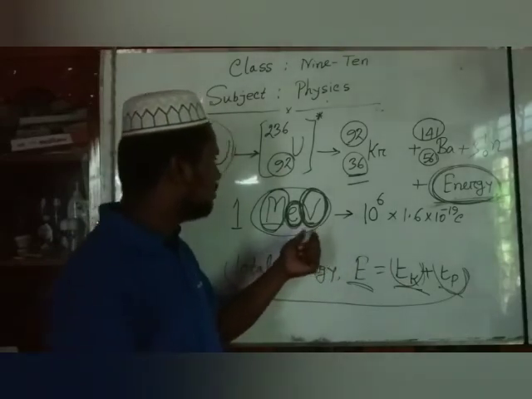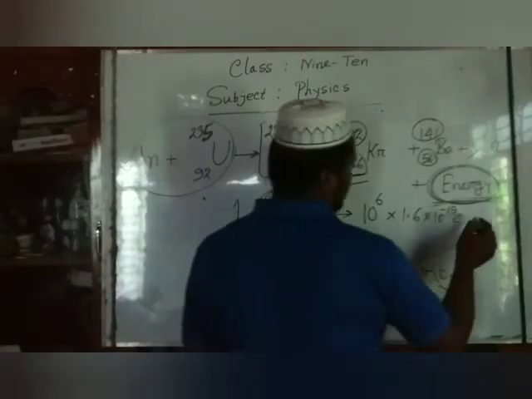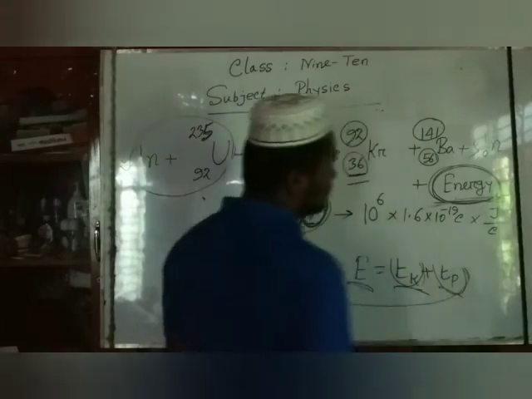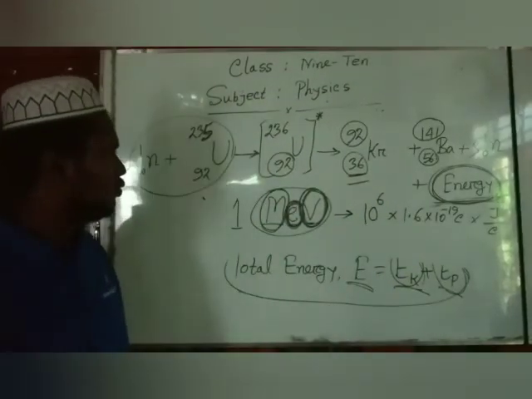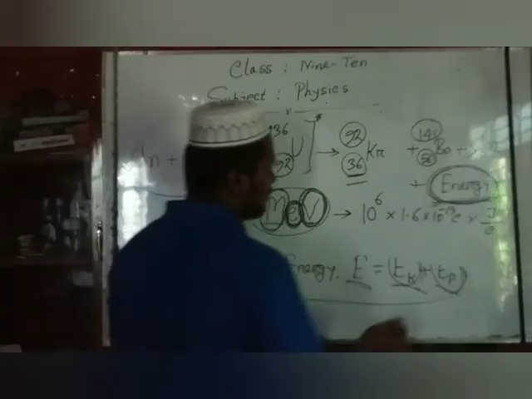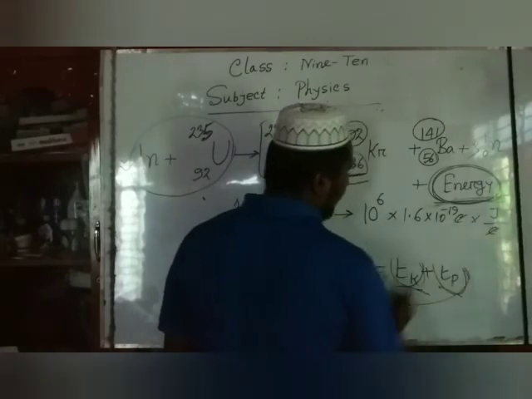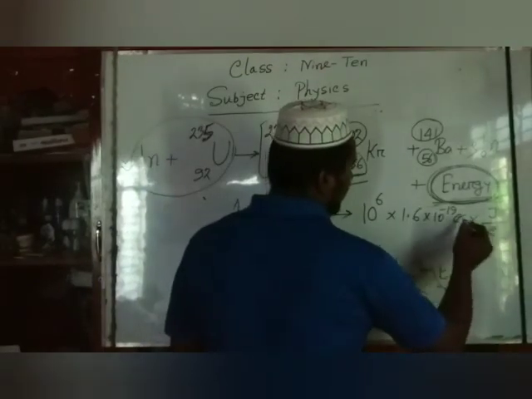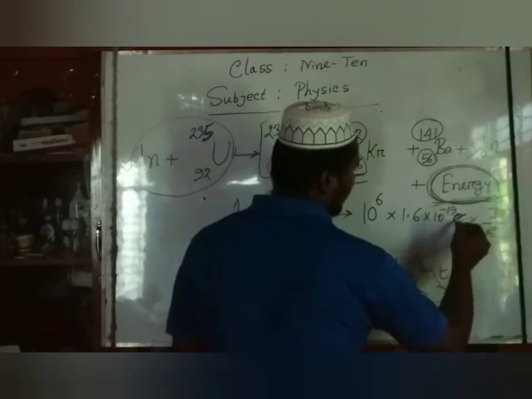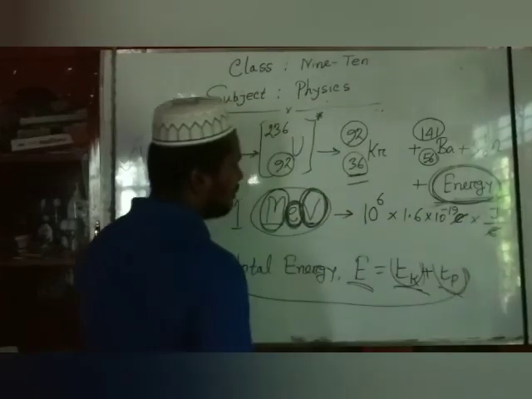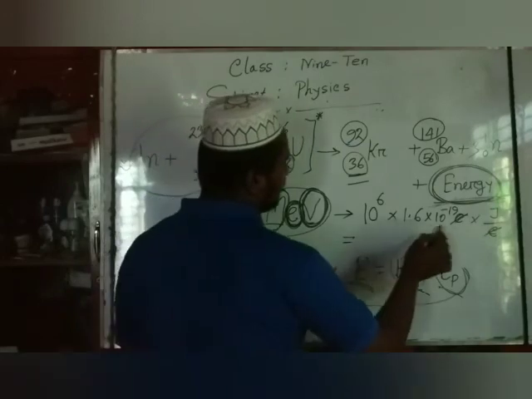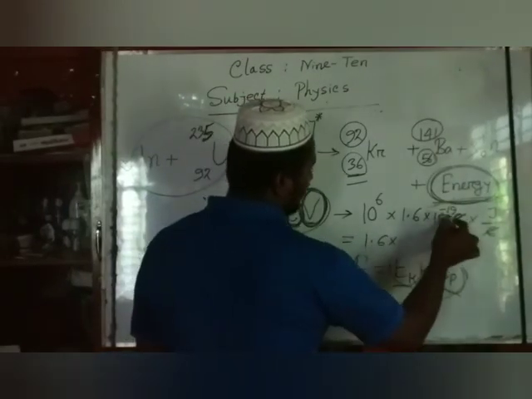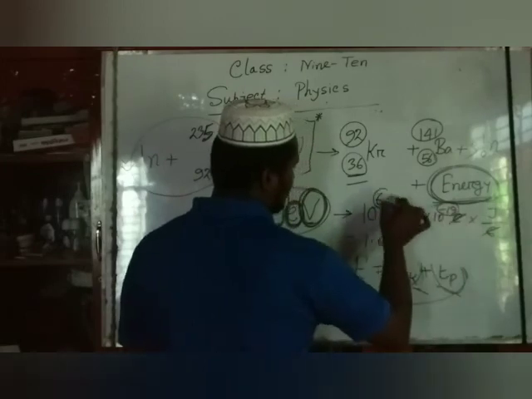V means joule per coulomb. When we calculate this term, the coulomb C and C must be crossed. Then the value is 1.6 into 10 to the power minus 19 and 6.